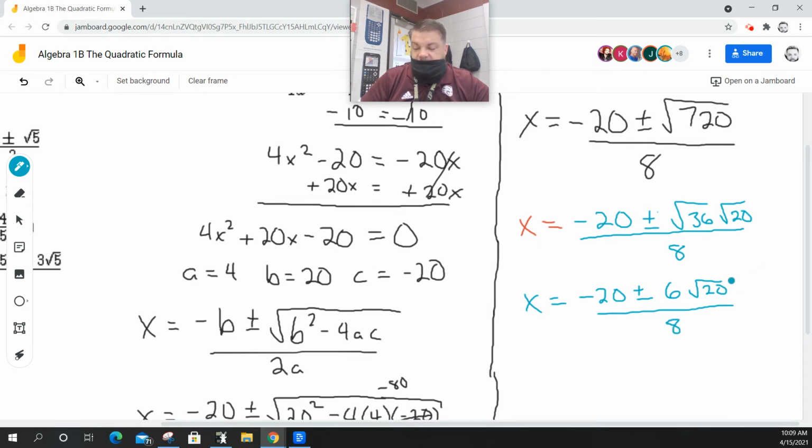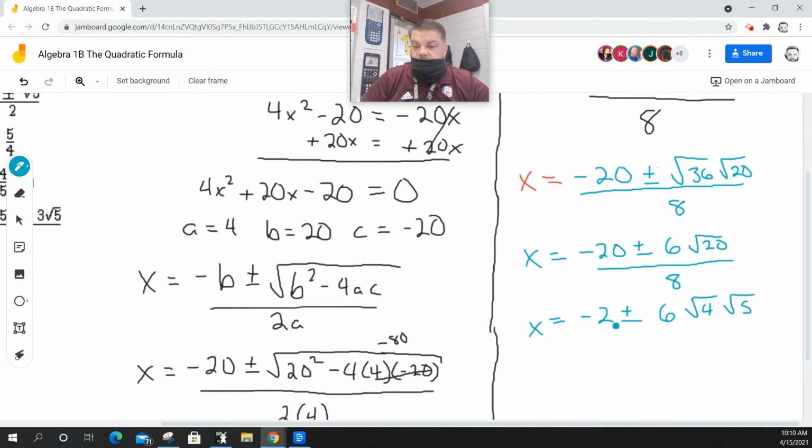But here's the thing. Isn't the square root of 20 the same as the square root of 4 times the square root of 5? All right, 4 times 5 is 20, all over 8.